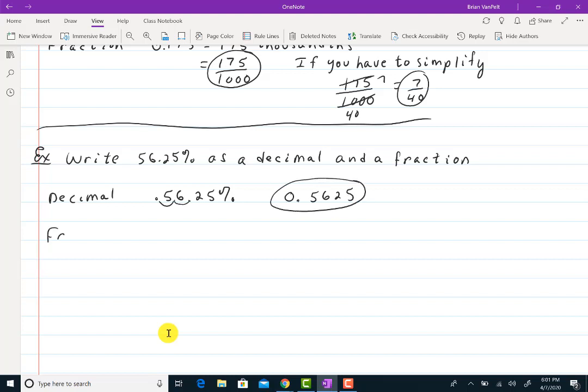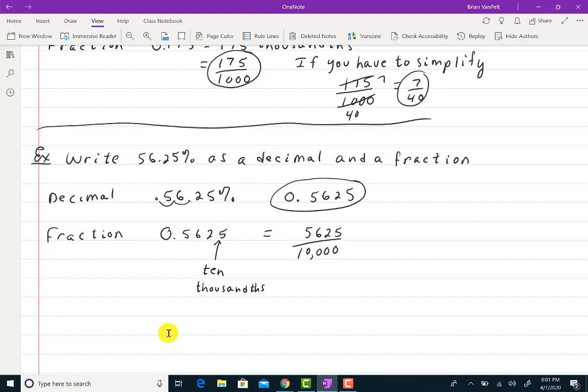And then for the fraction, instead of writing out like I have been, I'm going to do this. 0.5625. That 5 is in the 10,000ths spot. Since it's that, this decimal equals 5625 divided by 10,000.